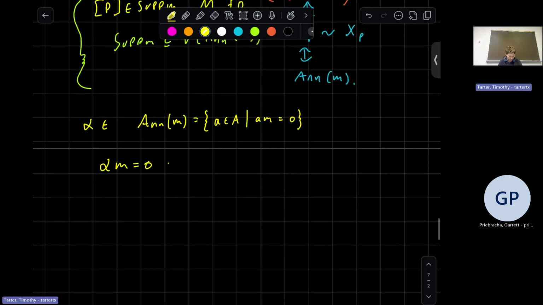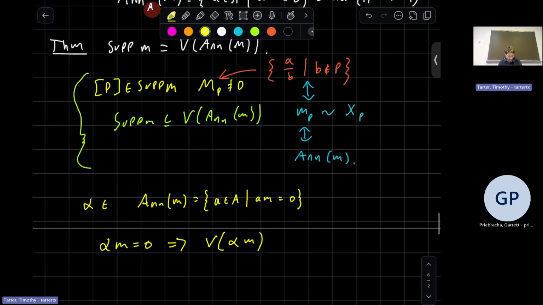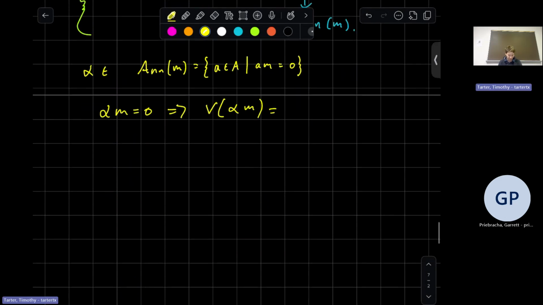And so then the vanishing of alpha M is exactly all of the prime ideals which vanish on alpha, right? So it's all of the P in spec A such that P contains the vanishing of alpha.